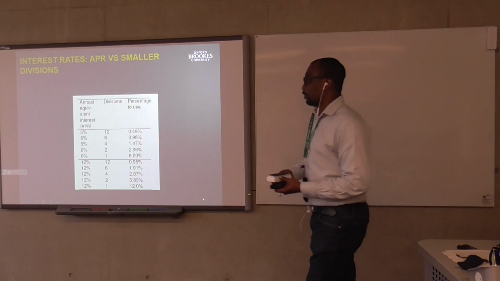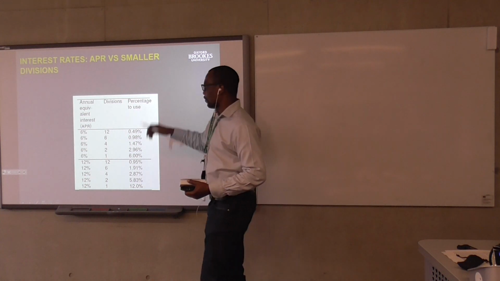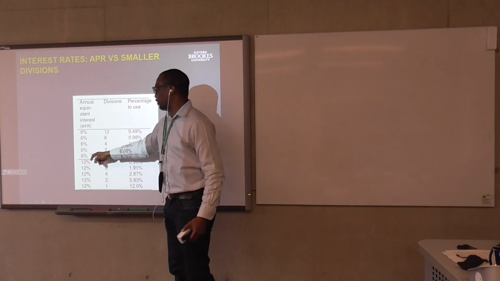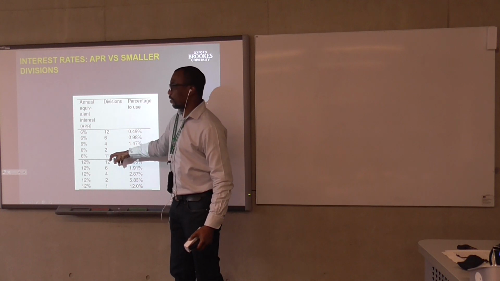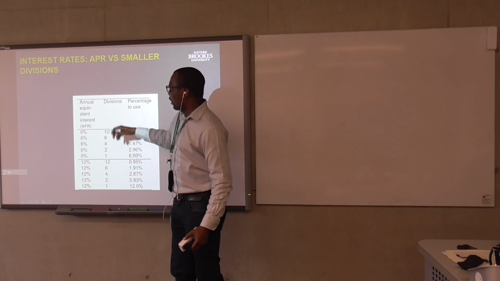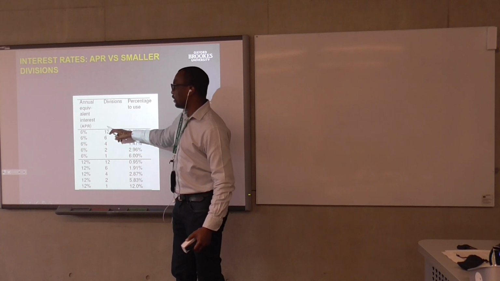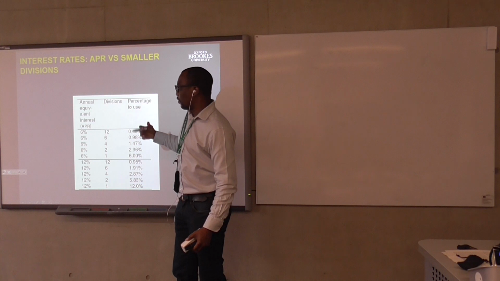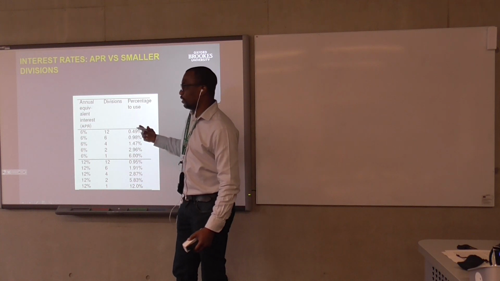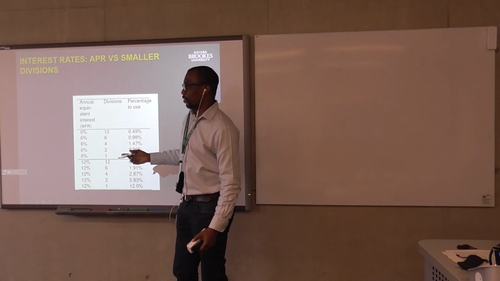So if you took the loan at 6%, right, and you were supposed to have paid that loan in 1 year, but then you wanted to pay it on a monthly basis, you want to know at the end of every month how much interest you need to pay on that loan.